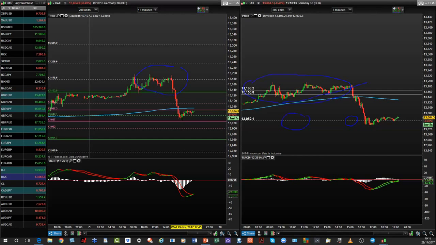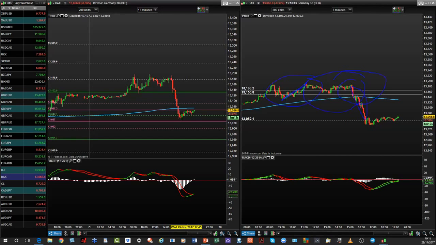I'd forgotten we'd shot up to 13.2. So this is what you see on my chart when you come into the live trading room. We were trading this to the long side in the Euro session, and to the short side in the US session. So decent money. I think we got about 40 pips to the upside and about 120 to the downside today in that one.